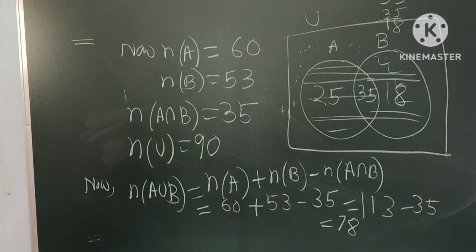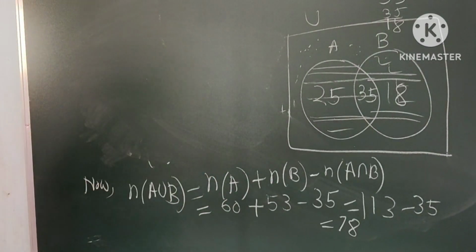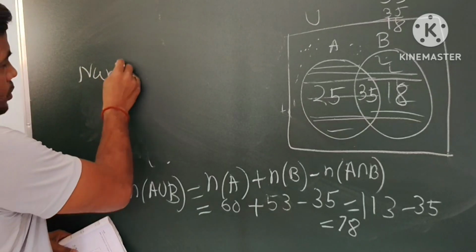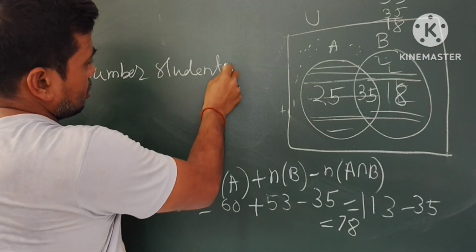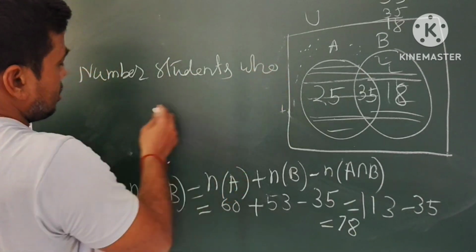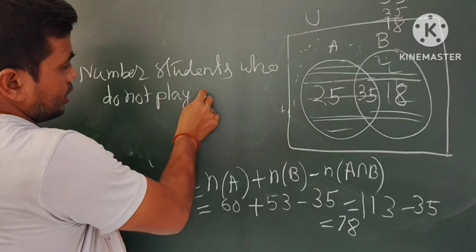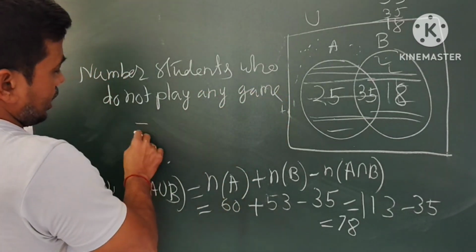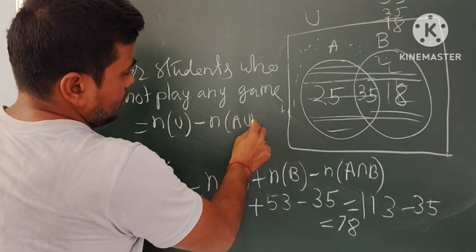So we write here, the number of students who do not play any game is n(U) minus n(A union B).